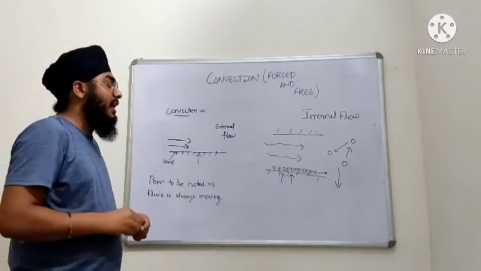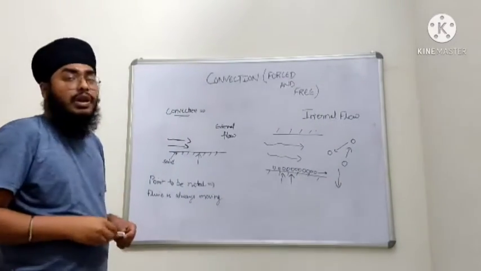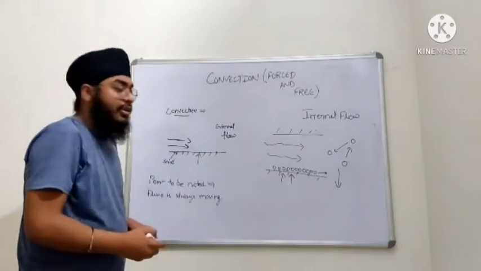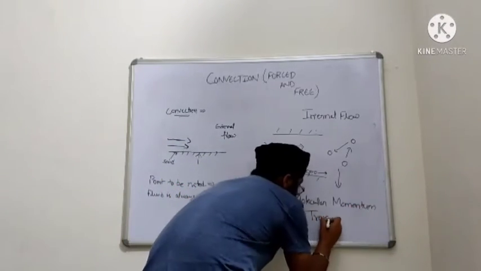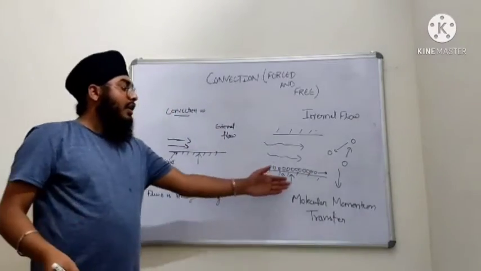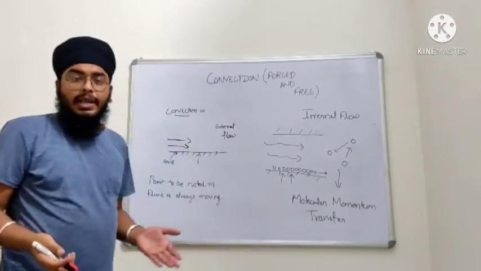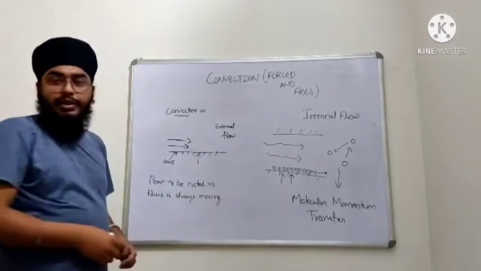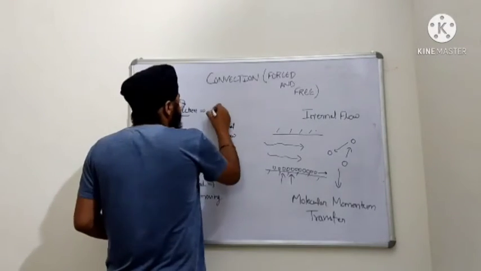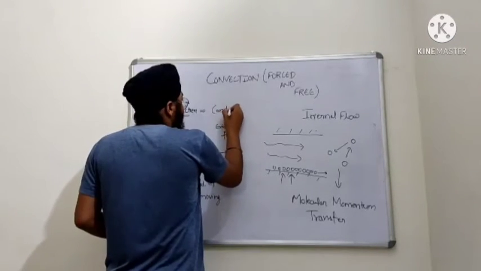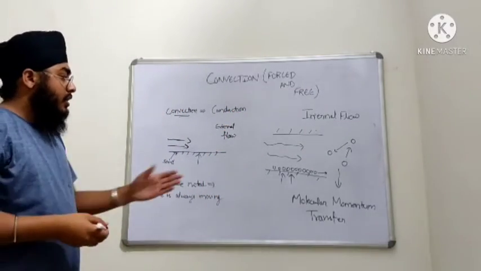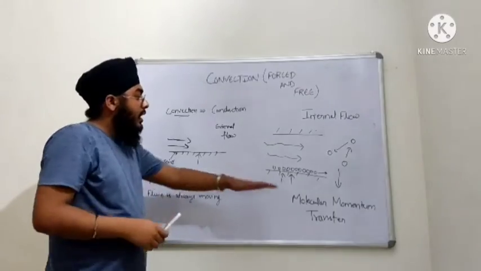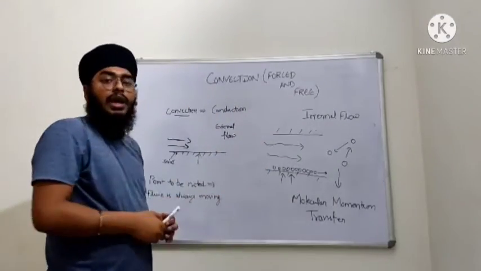So, the molecular momentum transfer occurs due to this energy transfer. Now we know molecular momentum transfer is basically the definition of conduction. So, convection has a conduction process within itself. So, this is conduction happening in convection.